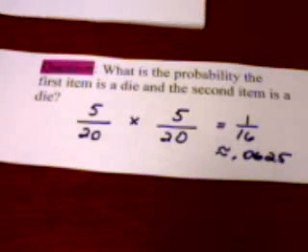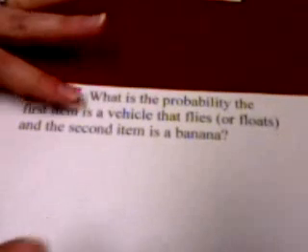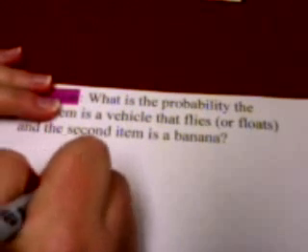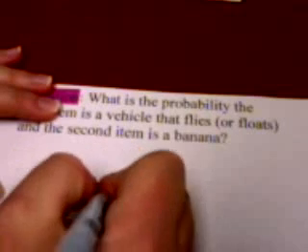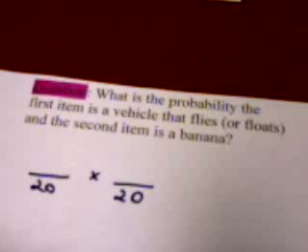And the last question that goes along with the idea of independence: what is the probability that the first item is a vehicle that flies or floats, and the second item is a banana? Once again, my denominators are 20. Vehicles that fly, I'm going to count them up for you guys, and I've got 1, 2, 3.